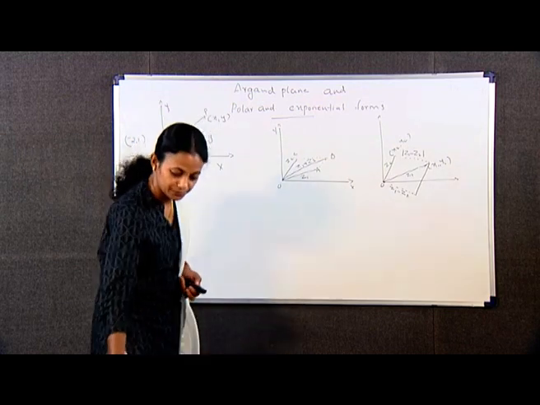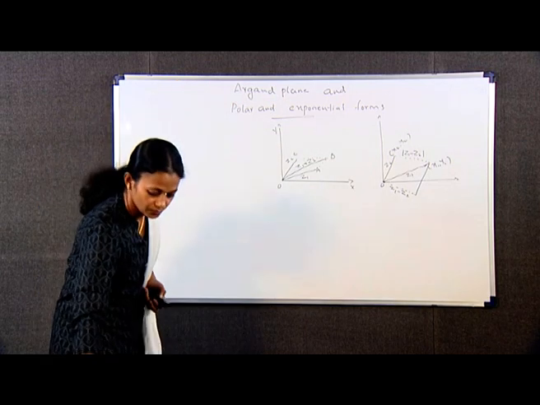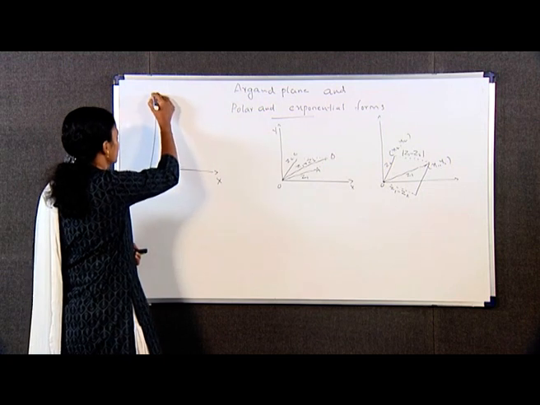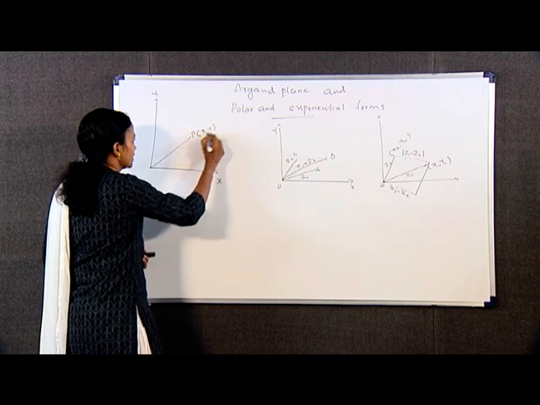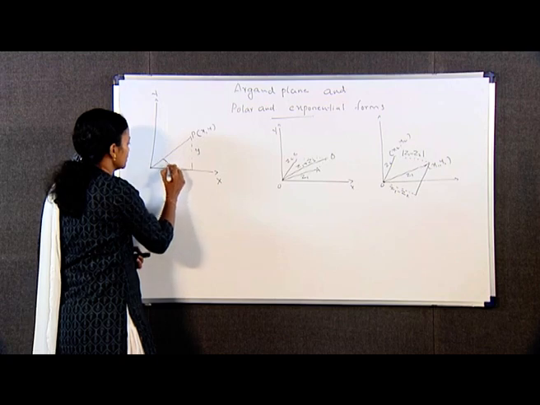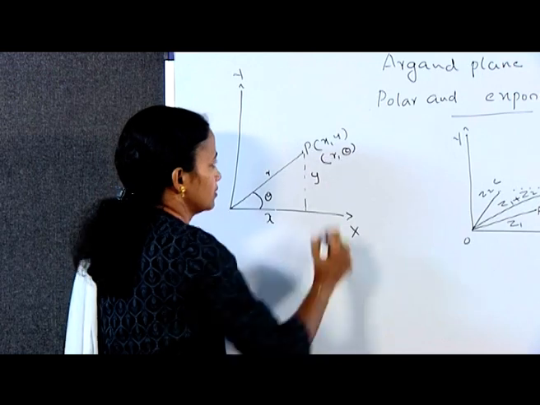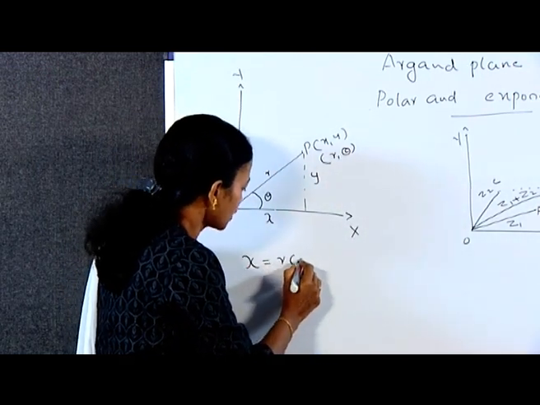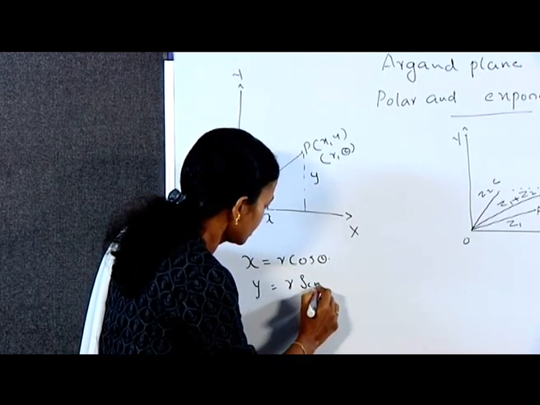That is, here we have the point P, xy, this is our x, y, here theta, r. And here x is equal to r cos theta, y is equal to r sin theta.